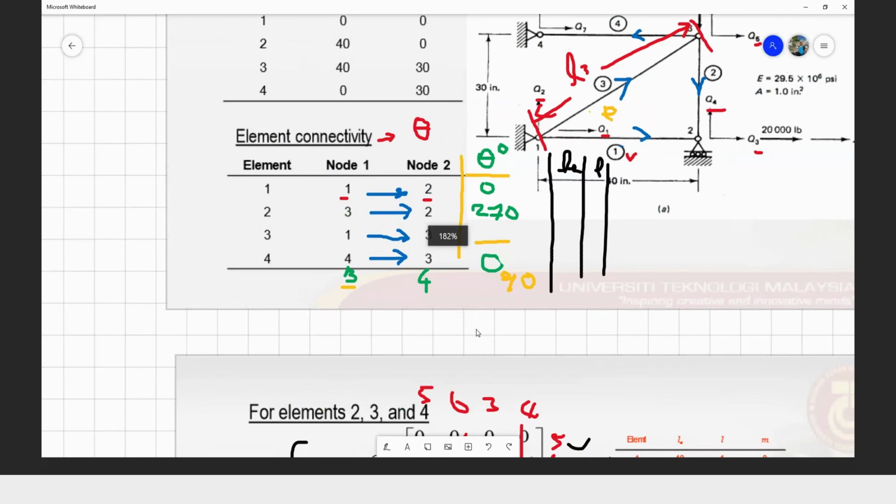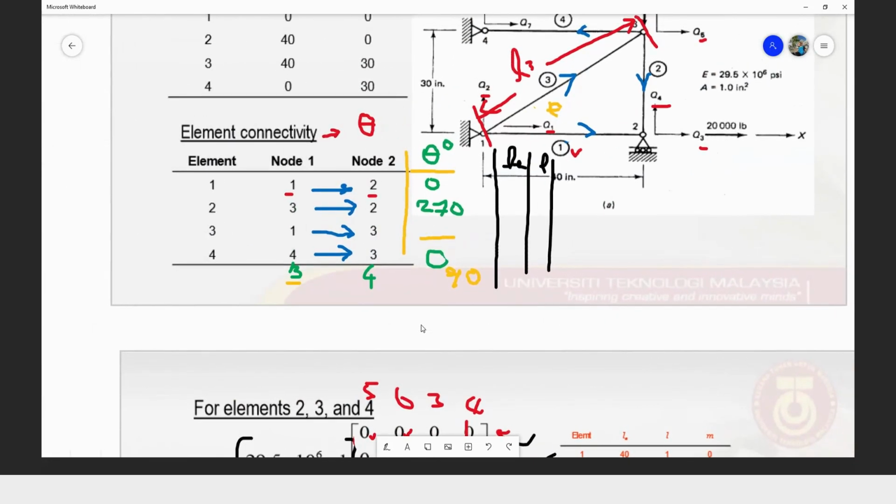Mungkin let's say one of you solve problem pada macam-macam saya bagi tahu sebelum ni, mungkin kita beri element connectivity. In some problem, kalau kamu pergi buat engineering punya projek, benda ni tak diberi pun, kamu tak tahu pun.